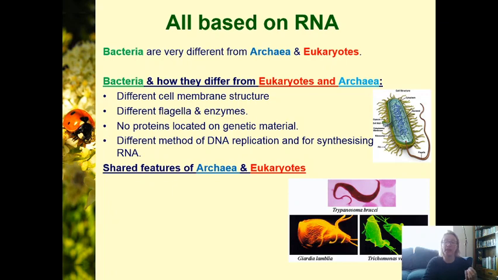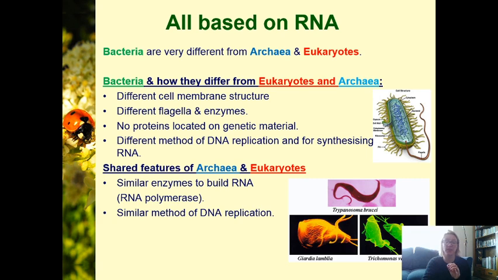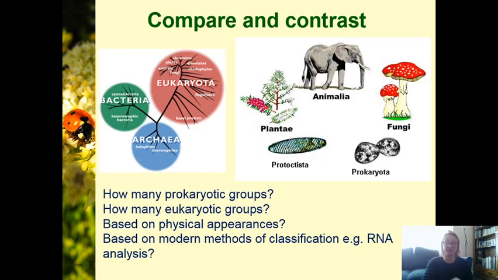Archaea actually have many features that are very similar to eukaryotes. They've got similar enzymes to build the RNA, that RNA polymerase is very similar, and a similar method of DNA replication. Both have proteins that are bound to DNA. Archaea are still classed as prokaryotic organisms because they don't have a nucleus.